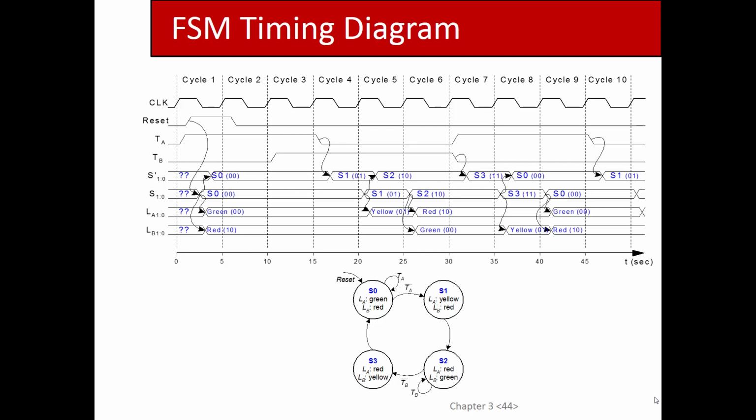And once reset goes high, that causes S prime 1:0, meaning both bits of the next state, and both bits of the current state, to go to 0. And I can tell from looking at this that this is an asynchronous reset, because that reset caused those to go to 0 before the next rising edge, meaning this must have been an asynchronous reset, right?